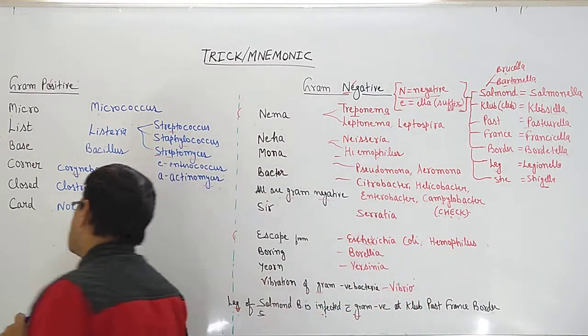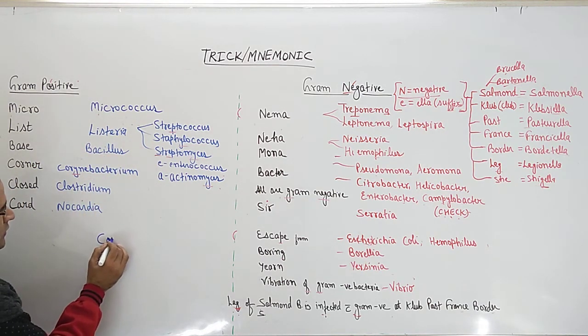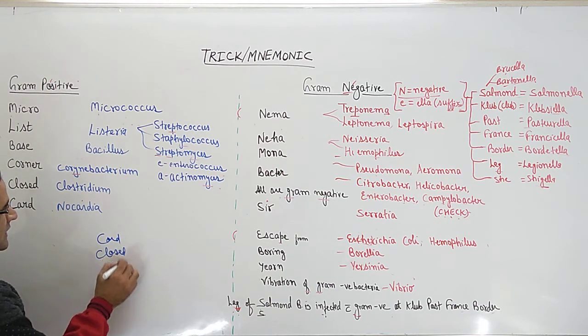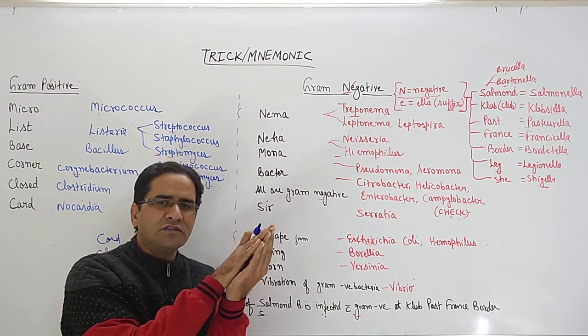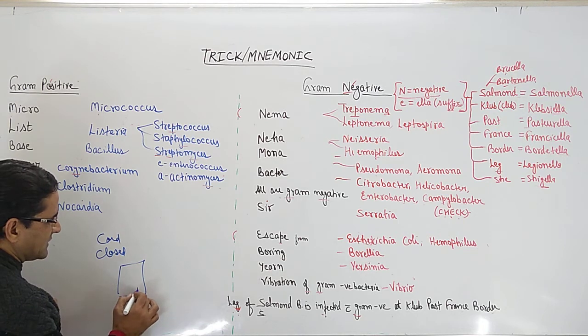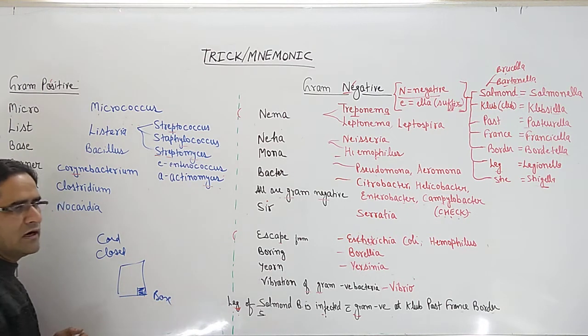Now what you have to do is, you have to consider that this list has been written on a card. And which card? A card that is closed. Means a card is there which is closed, and this list has been written at the bottom, the base of the card.